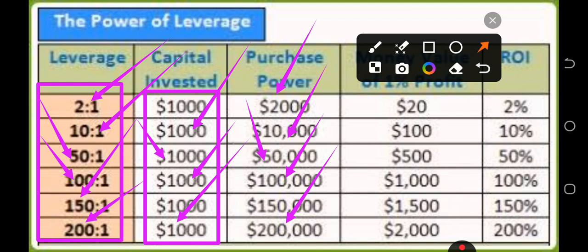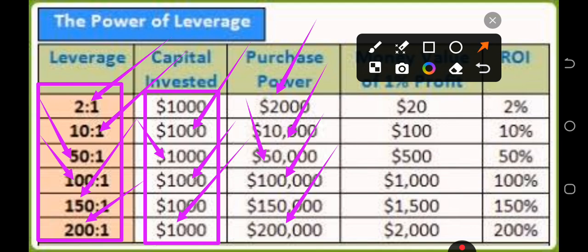It is sweet if the market is going in your favor. And it is dangerous if the market is going against you, because the rate at which you are making money is the same rate at which you'll be losing money, depending on the lot size that you open.